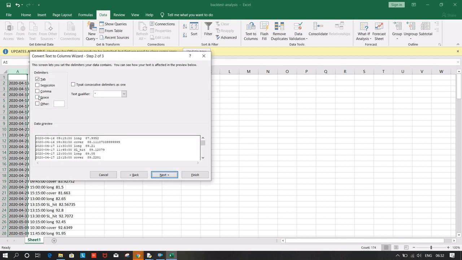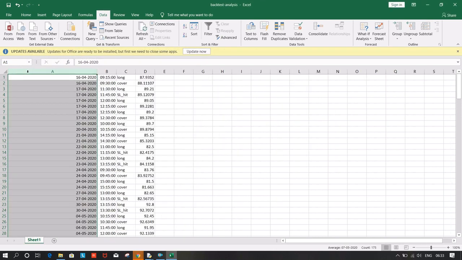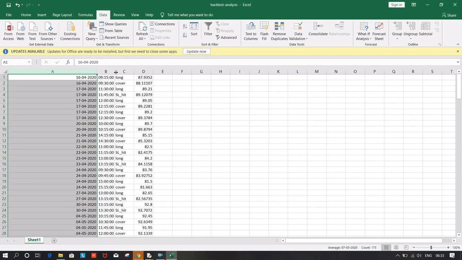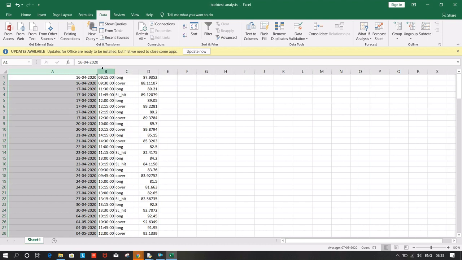Okay, select delimited, then select space. It will create lines here. Next, finish.